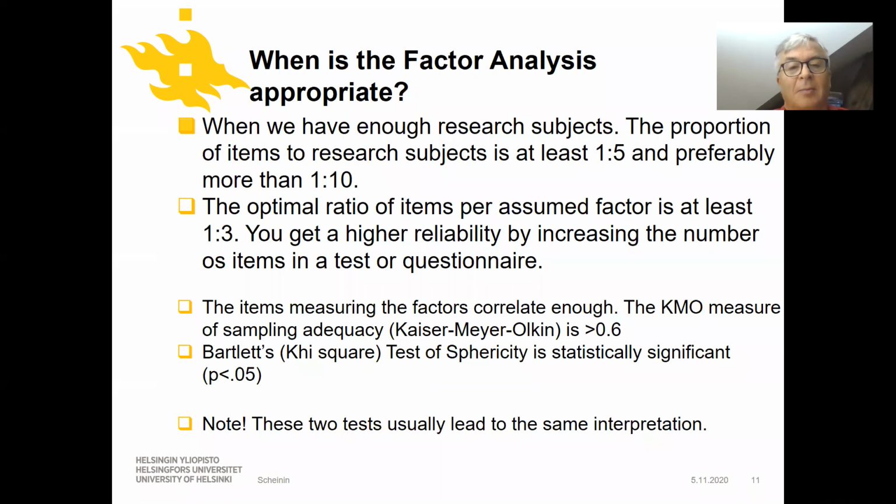And you have Bartlett's chi-square test of, I don't know how to pronounce that, sphericity. It should also be statistically significant. So the p-value should be less than 0.05, so less than 5% risk if you draw the conclusion that they do not correlate enough.